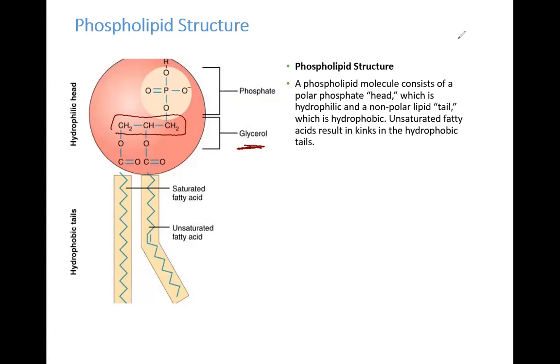Here are 2 of the fatty acid chains here and here. And this is the phosphate attached on that 3rd carbon of glycerol. And so the phosphate head is what forms when you have the phosphate attached to the glycerol and you still have the fatty acid tail. So we have the head and the tail region, and the whole thing is hydrophobic. Water can't get in.